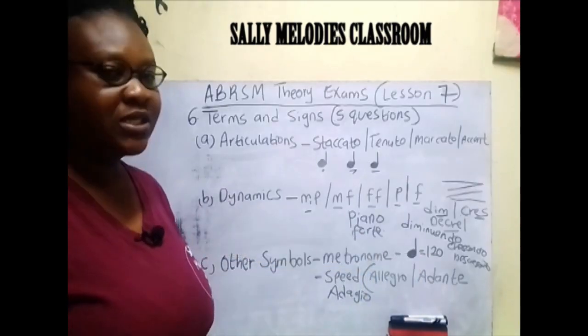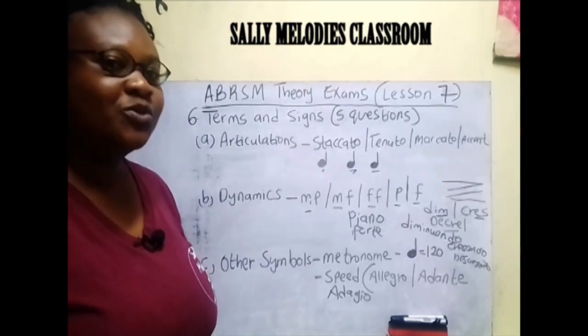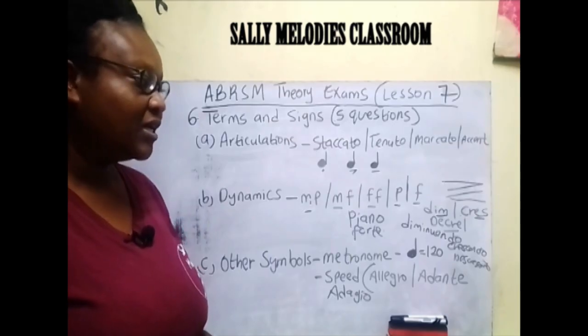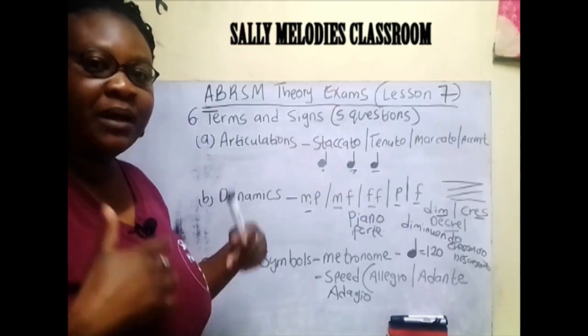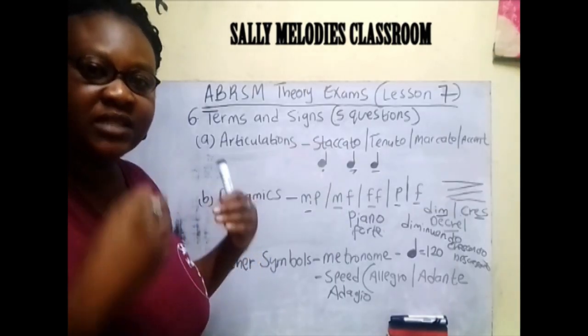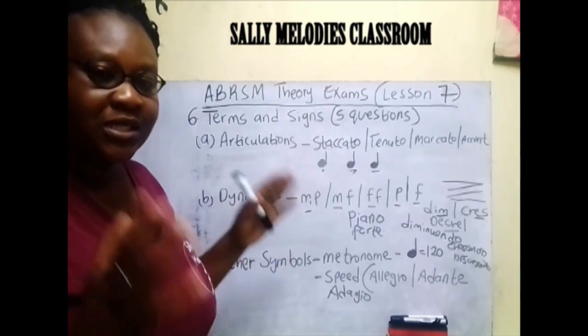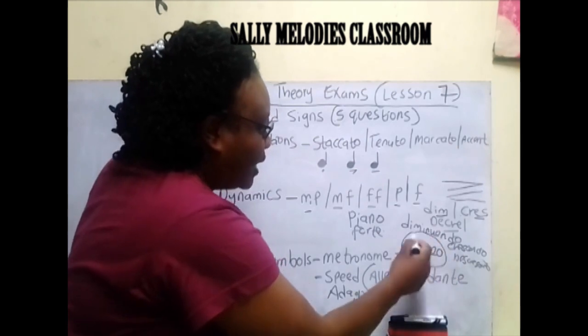That one you know. But they can ask you, one crotchet equals 120 beats per what? Is it per minute? Is it per second? Is it per hour? Just know that this 120 means per minute.